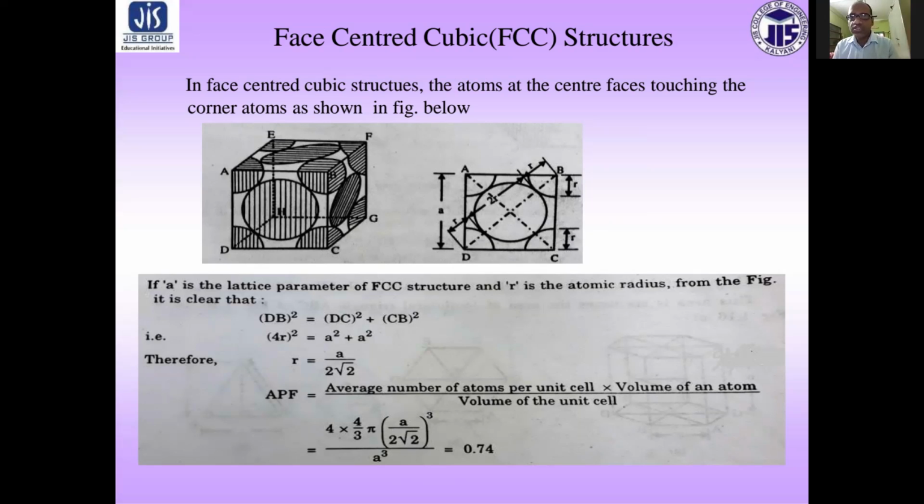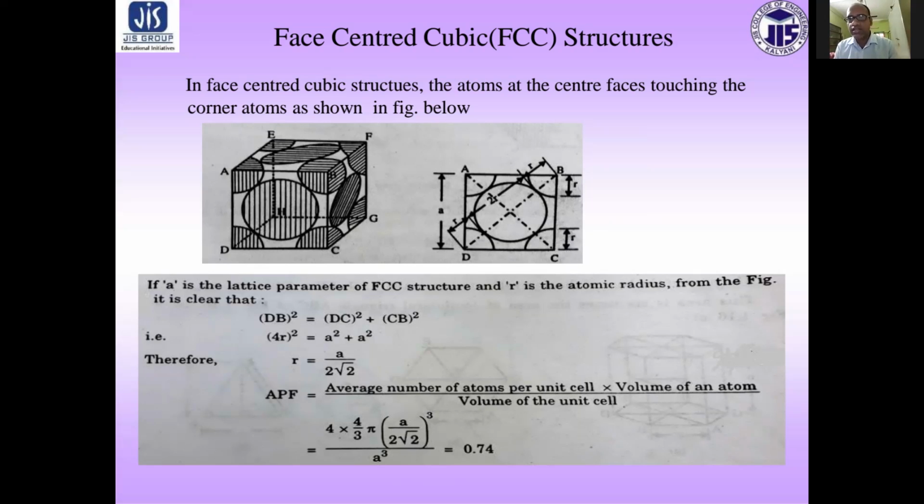If we consider the face A, B, C, D, we can see very clearly that in the face there is one whole atom present, with diameter 2r, and the corner atoms, each of radius r, touch the face atom.